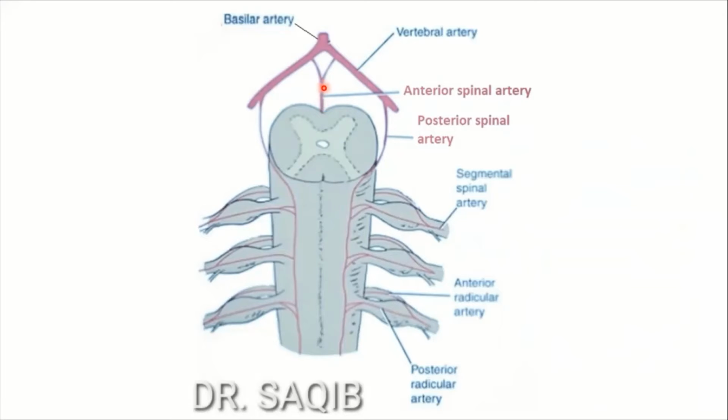The anterior spinal artery is one, lying in the anterior median fissure, and the posterior spinal arteries are two. They come mostly directly from the vertebral artery, right? And I told you already they run longitudinally.